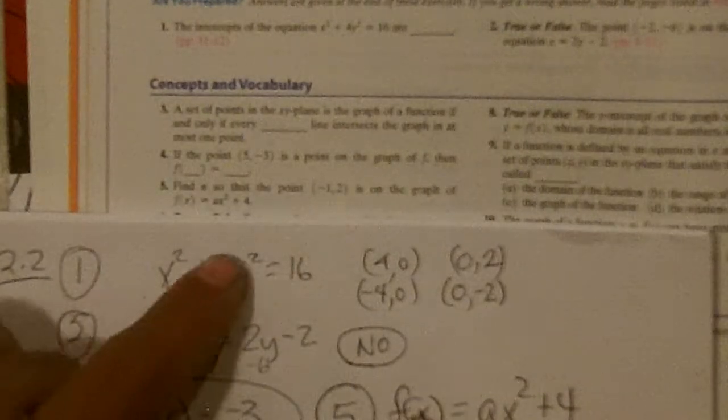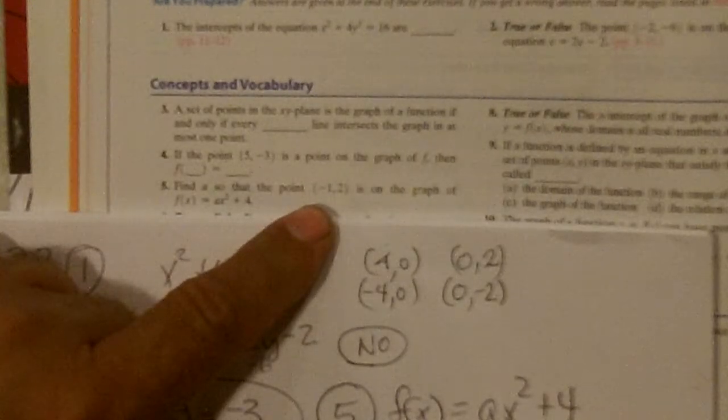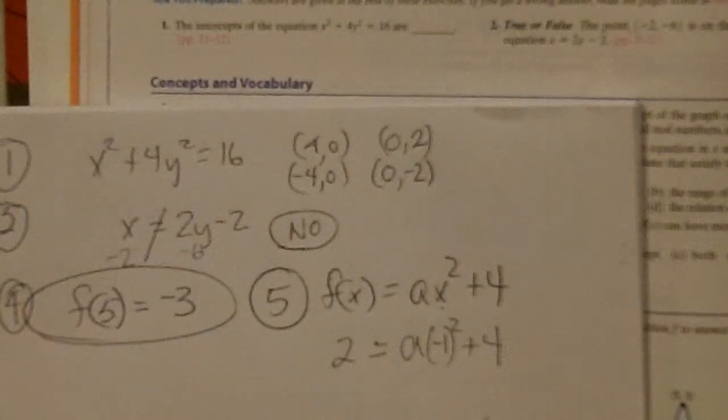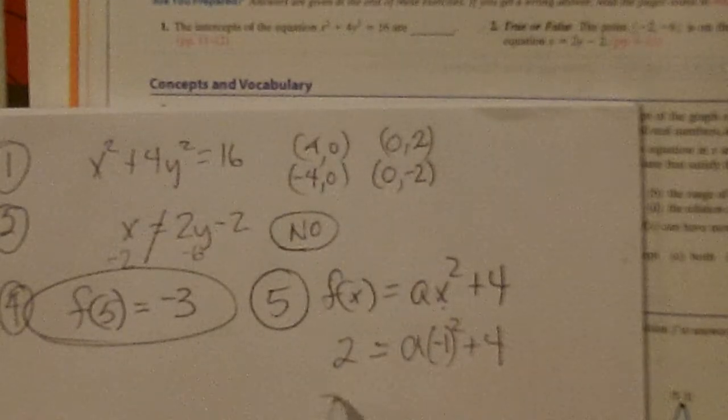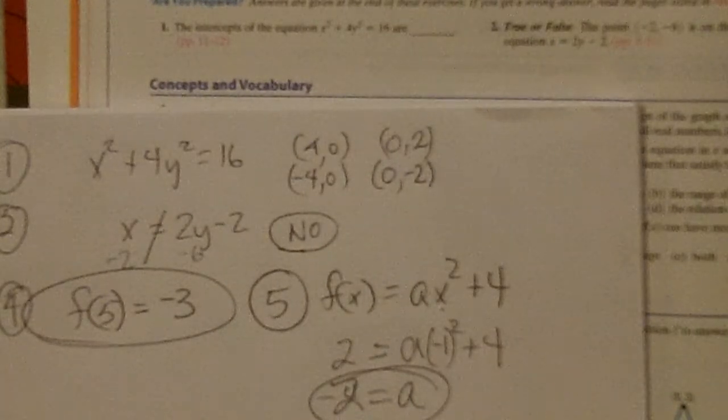If I put in negative 1 for the x, I have a times negative 1 squared plus 4, which has to equal 2. The y for that x is 2. If I subtract 4, I get negative 2. Negative 2 equals 1a, so a has to be negative 2.